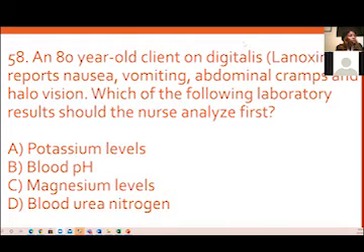That would be for sodium. Sodium, yeah. 3.5 to 4.5. Some books will say 3.5 to 4.5, or some books will even go up to 5. All right, that's the potassium level. What about blood pH?